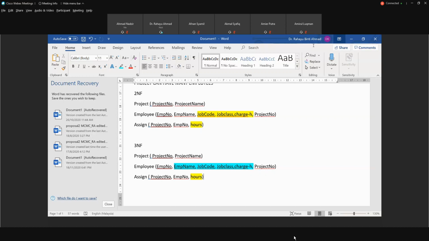Charge per hour apa tadi? Ming cakap charge per hour depends on job class. Okay. Lagi? Job class depend on what?